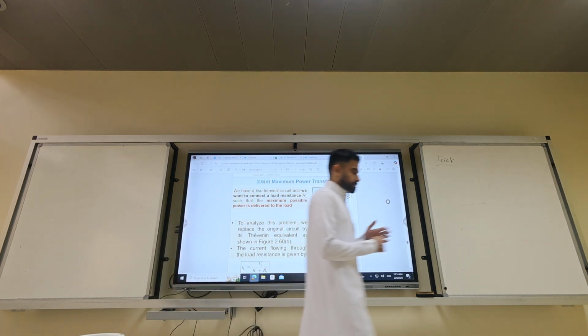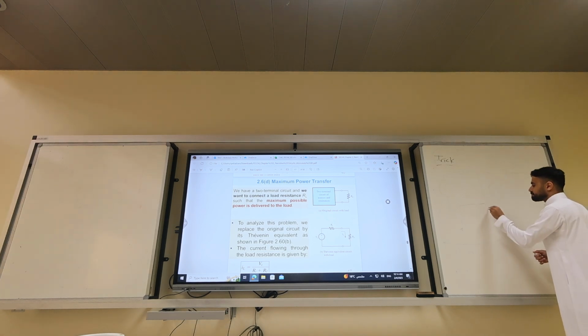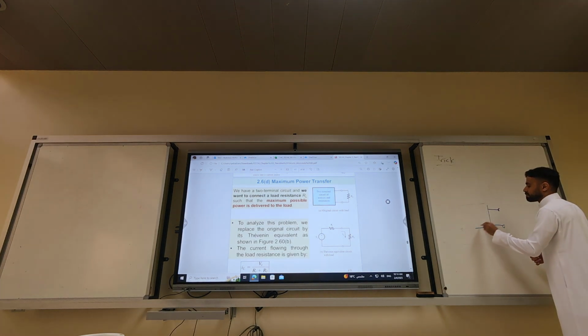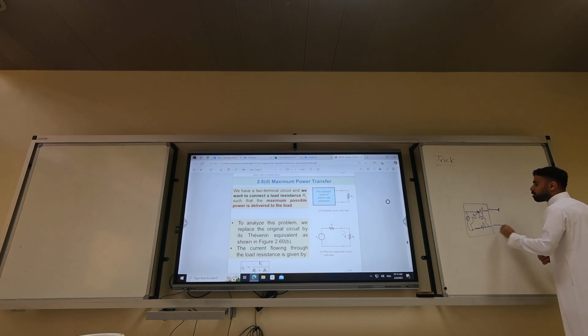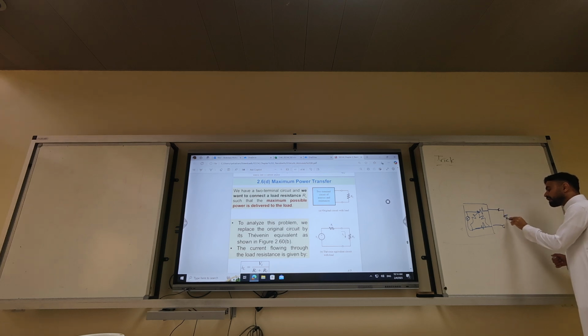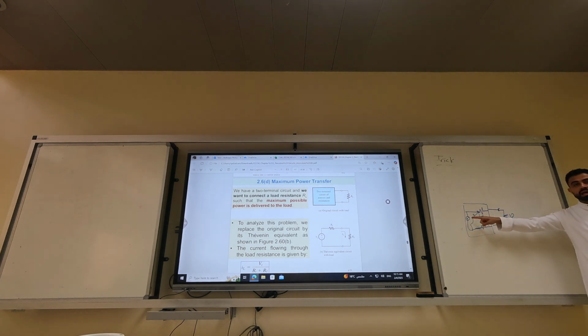Maximum power transfer. Maximum power transfer tells me, if I have a spaghetti circuit, maybe it has a battery here, what is the optimal value of a load, R load, that if I connect it to my circuit, I'm going to extract the maximum power from the voltage source that's in the spaghetti?